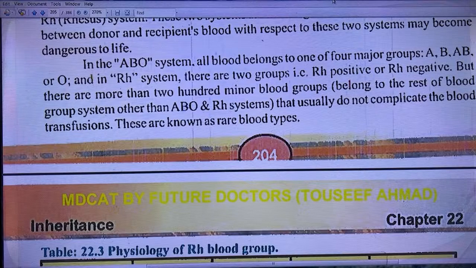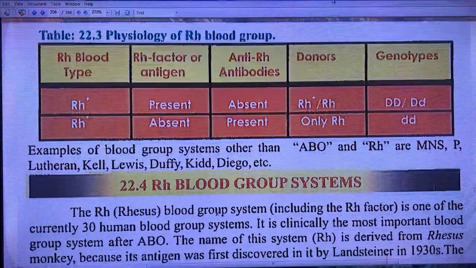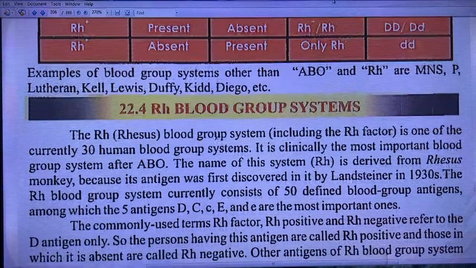But there are more than 200 minor blood groups belonging to blood group systems other than ABO and Rh that usually do not complicate blood transfusion. These are known as rare blood types. Examples of blood group systems other than ABO and Rh are MNS, P, Kell, Lewis, Duffy, Kidd, Diego.